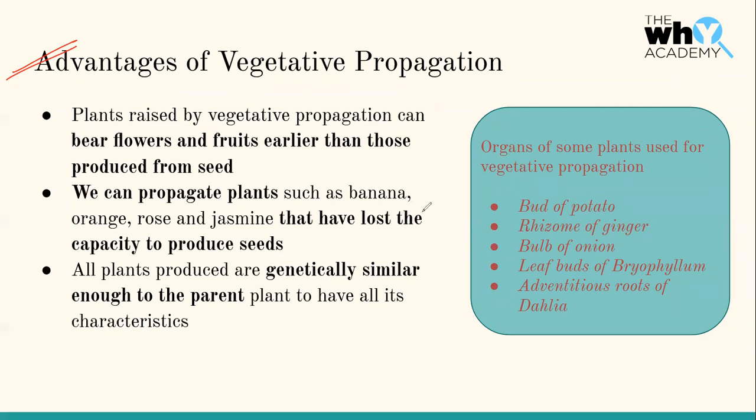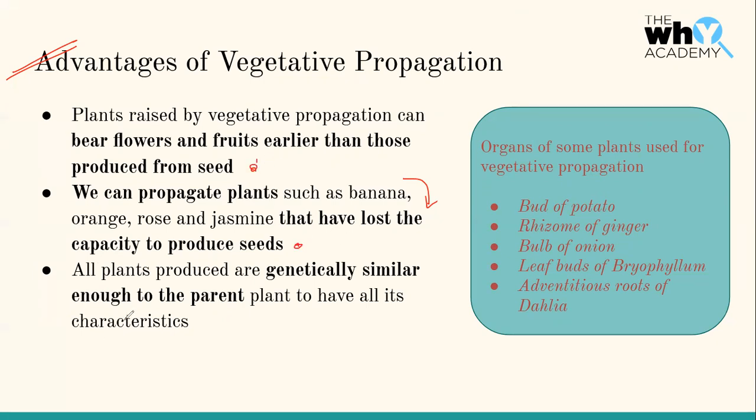Not all of them have lost, but banana in general, it's easier to grow them via vegetative propagation than remove those seeds and do it. Orange definitely has seeds. You can use seeds or you can use cuttings, etc. Right? Rose and jasmine, again, instead of waiting for the seeds, you can use cutting, layering, grafting. Okay. So it is a method to propagate plants that have lost the capacity to produce seeds.